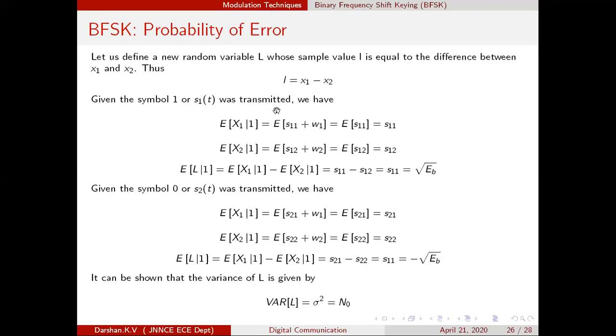Once you transmit symbol 1, S1 of t would be transmitted. So what would you receive? We receive x of t. So x of t is always the received signal. Remember, whether you transmit 1 or you transmit 0, the received signal is referred to as x of t only.